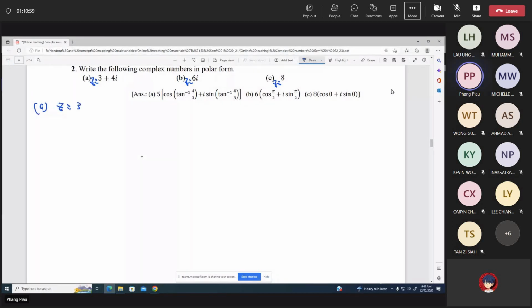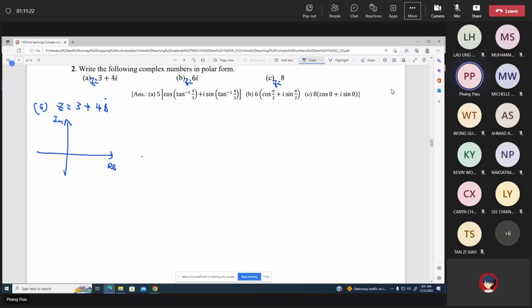So the first one we have Z equal to 3 plus 4i. So why is this more challenging? Because we didn't see any square root of 3. In many cases we have the square root of 3 because of the triangle formula for 60 and 30 degrees. So again, the same thing here. What you need to do is to sketch the real and also imaginary.